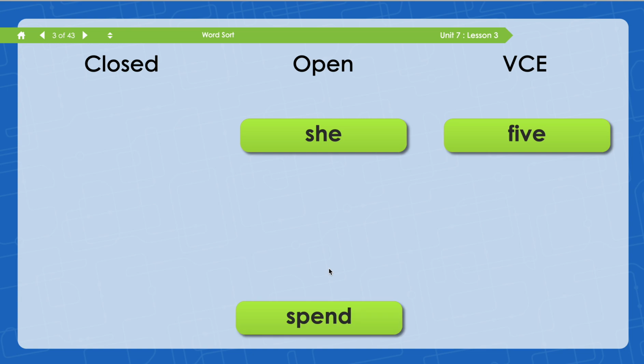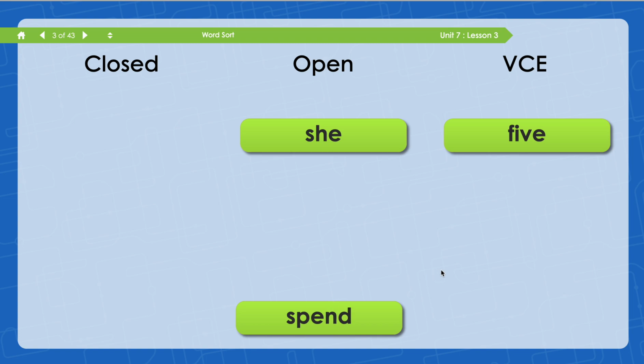Very good. Let's look at our next word. Spend. Let's look at that word. Do I see a vowel letter? Yes, I see my vowel letter E. That's the only vowel letter I have. Okay, and when I look after my E, I see a consonant and another consonant.